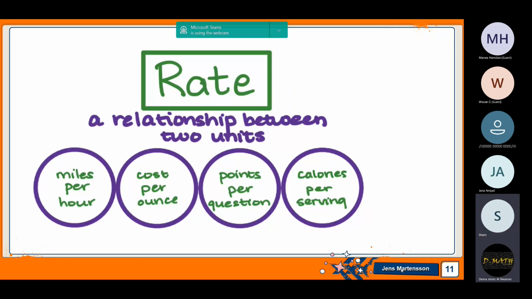So, like 60 points for each 20 questions. Or like this, 60 points for 20 questions. This is an example of a rate.